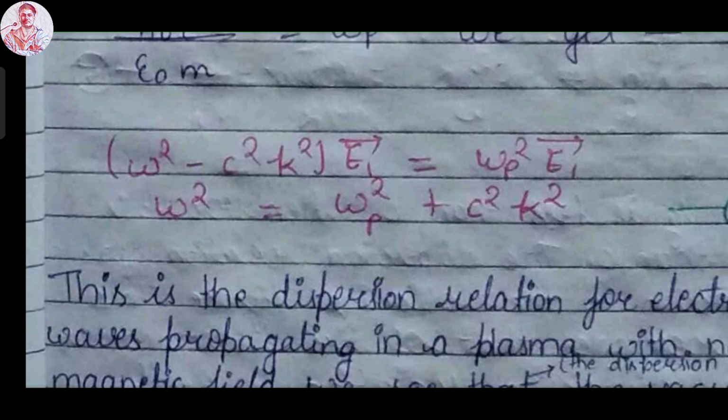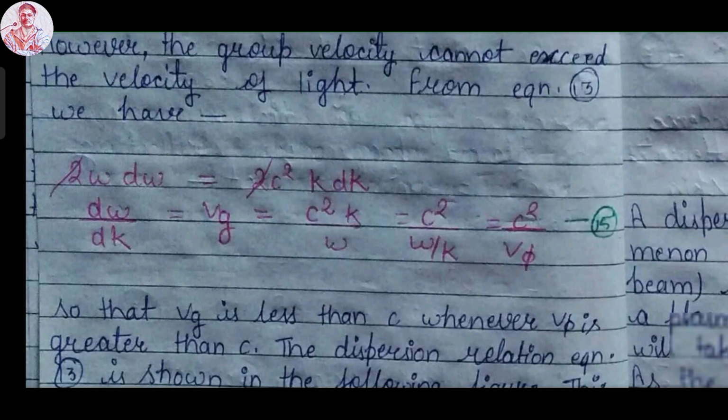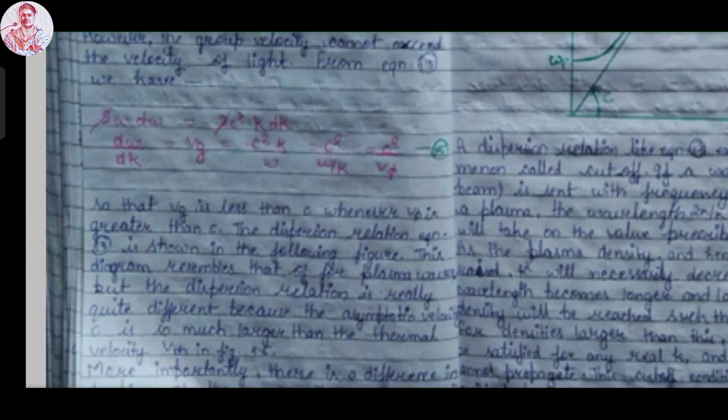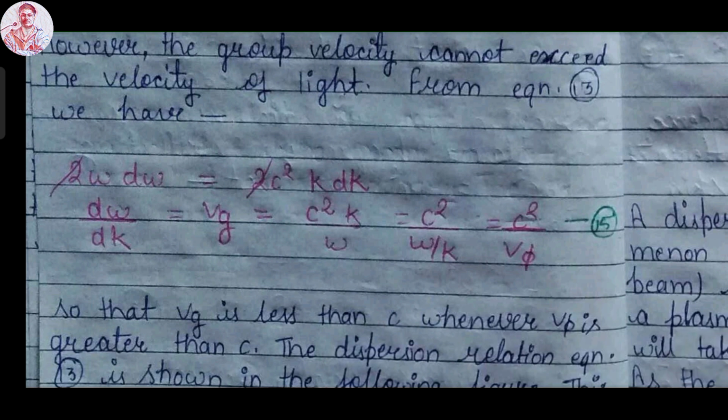Here omega p square is constant, so the differentiation of this term gives 0. For the other term, we get 2 omega d omega is equal to c square 2k dk. Now after simplifying, we get Vg is equal to c square k by omega, which is c square divided by omega by k. Omega by k is the phase velocity v phi, so we get c square by v phi. Let's take this as equation number 15.